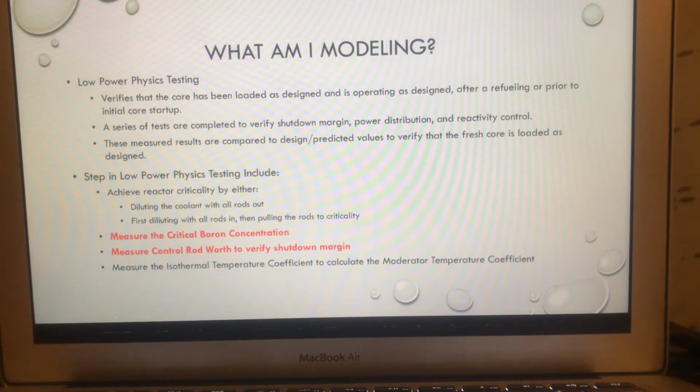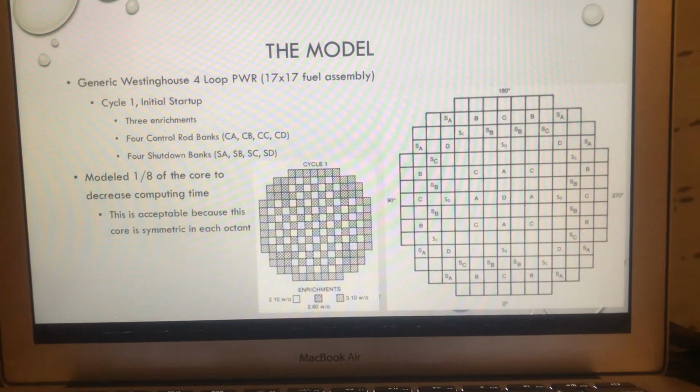After that, set that as my boron concentration for all of the models, and then do control rod worth measurements at that boron concentration. So next is the model that I used.